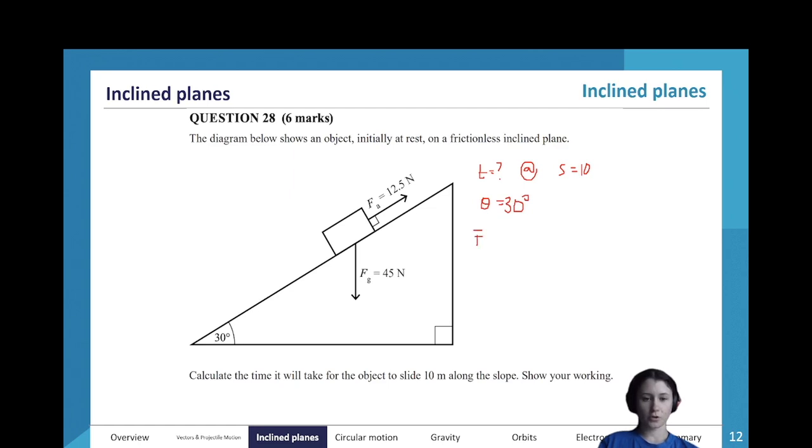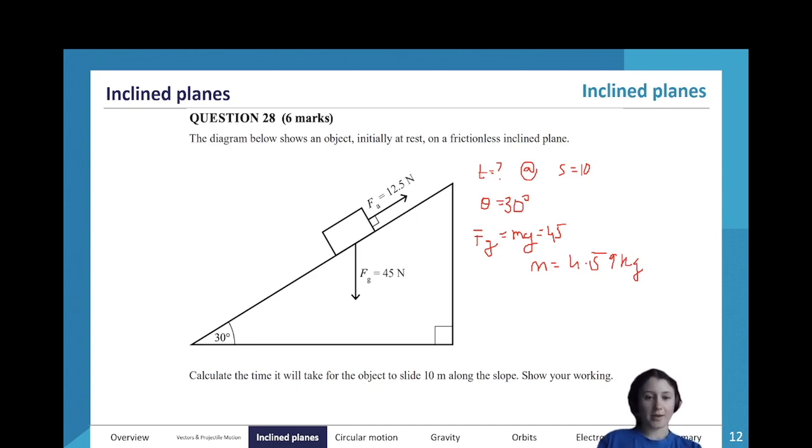The force due to gravity, which is, remember, mg, is also equal to 45. So as you can probably see from this, we can actually calculate the mass of the object, because we know that g is 9.8. So 45 divided by 9.8 will give us a mass of 4.59 kilograms.